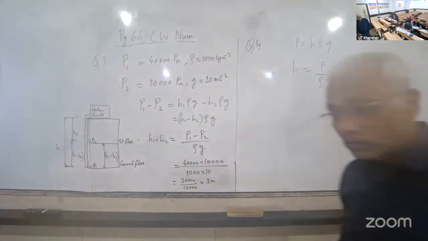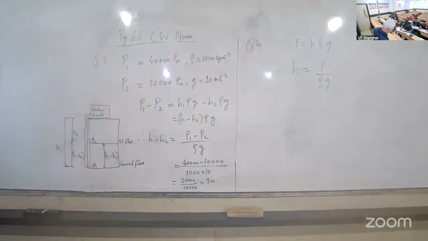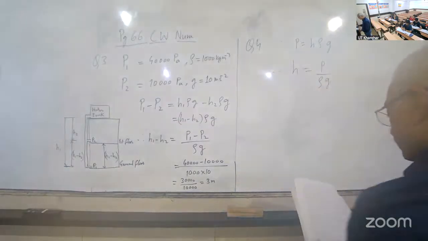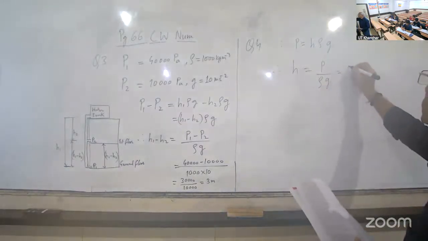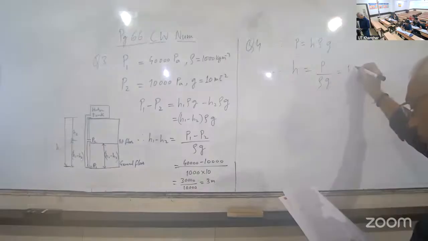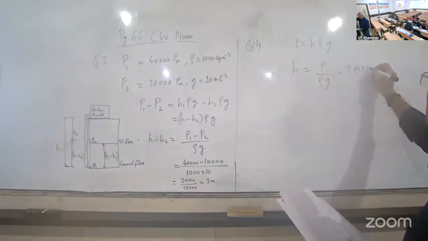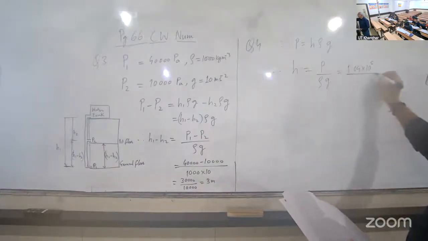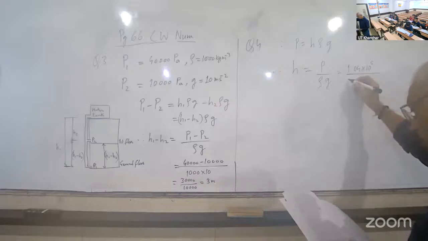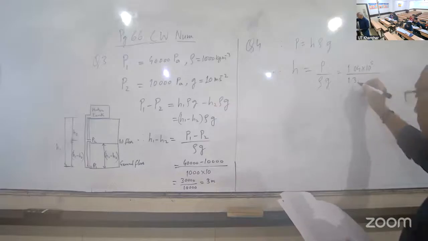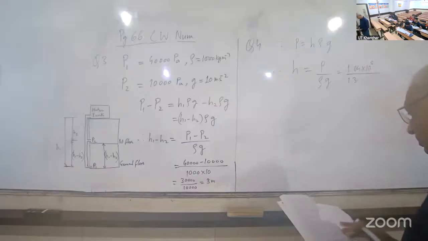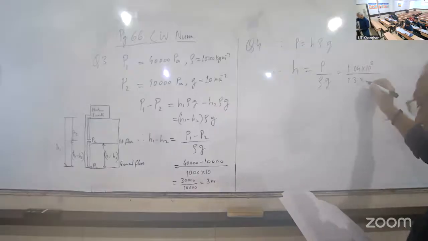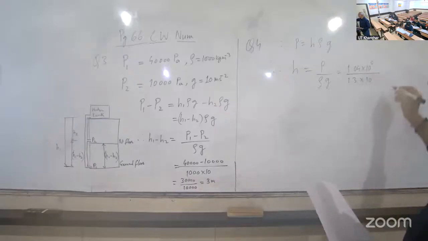Now let's see. Can you try question 4? It is straight formula substitution. 1.04 into 10 raised to 5, divided by 1000 into 1.3 into g as 10.